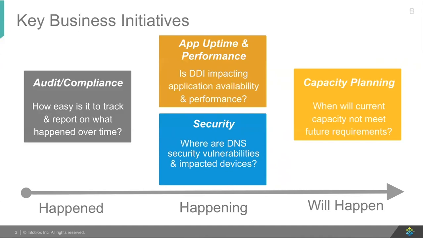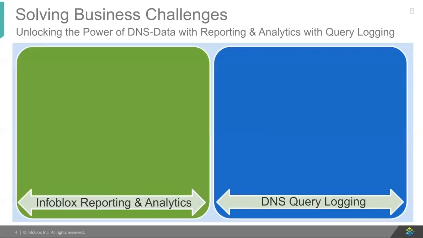So those are some of the key initiatives looking over time that reporting and analytics can address. Today we're going to focus on the most requested DDI reports to give you a better insight on your network and help you make better decisions, respond quicker to threats, and better manage your resources.